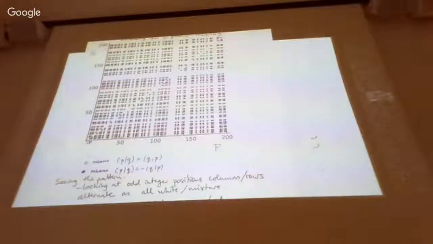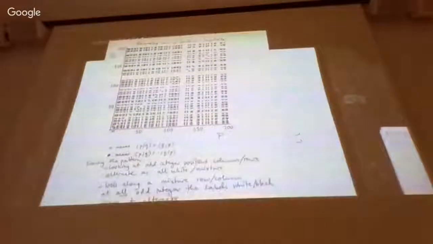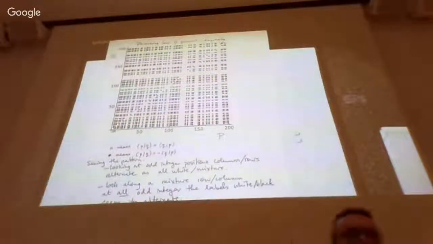So looking along a mixture row or column at all the odd integer positions, we only see the circles at the prime positions. At all the odd integer positions, the labels white, black seem to alternate. They do alternate in this picture, which is just the odd primes up to 200.